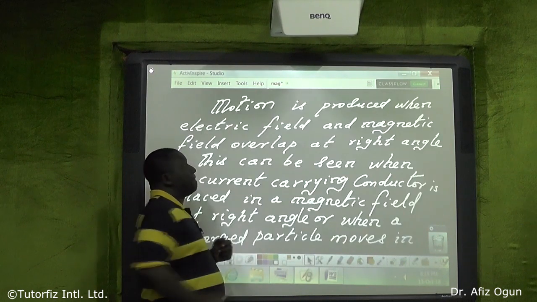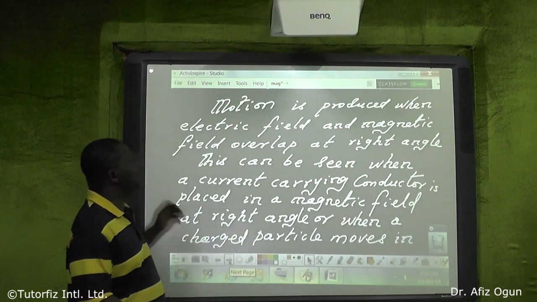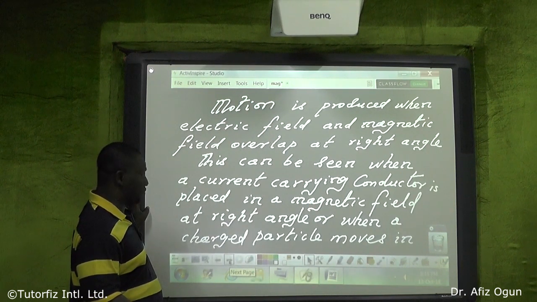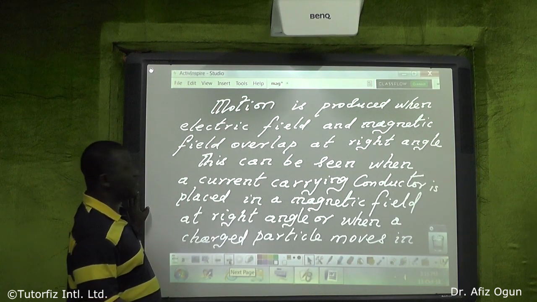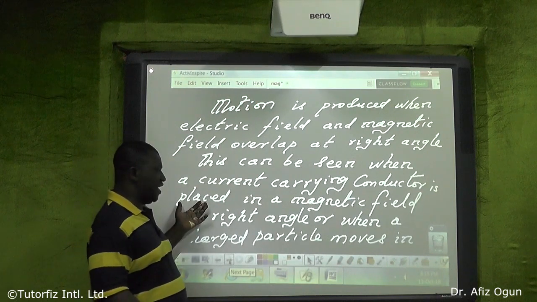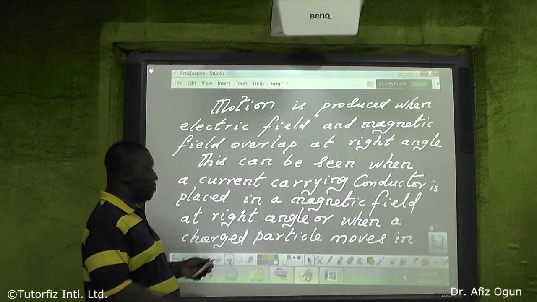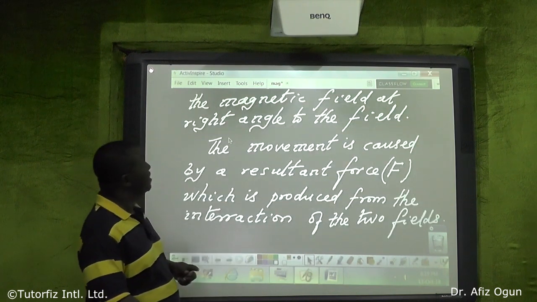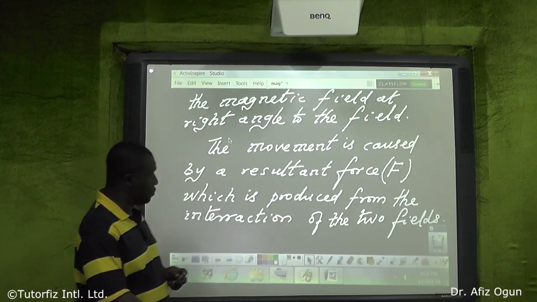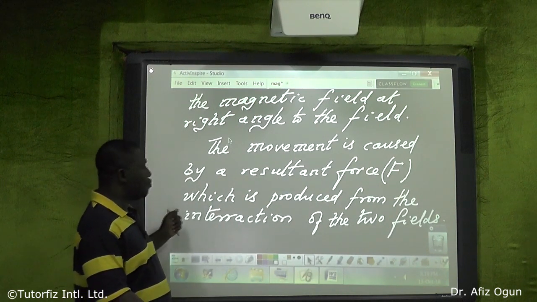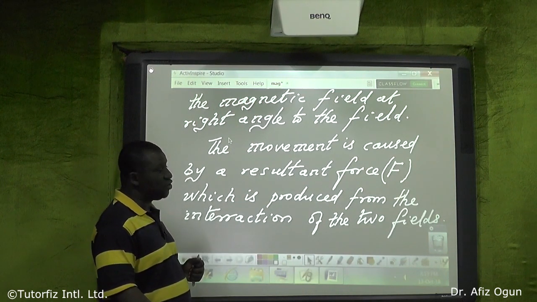So we say motion is produced when electric field and magnetic field overlap at right angle. This can be seen when a current carrying conductor is placed in a magnetic field at right angle, or when a charged particle moves in the magnetic field at right angle. The movement is caused by a resultant force which is produced from the interaction of the two fields.